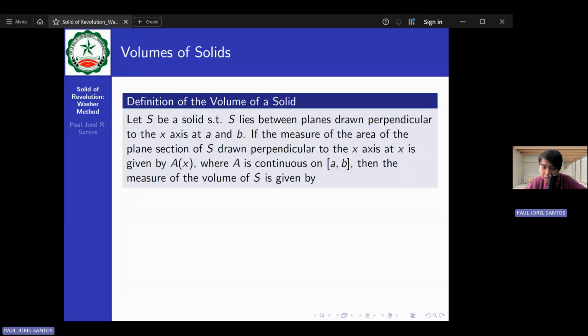If the measure of the area of the plane region of S drawn perpendicular to the x-axis at x is given by A of x, and we should take note that A should be continuous on the closed interval a to b, then the measure of the volume of S is given by the limit of the summation of A of w sub i multiplied by delta sub i x, from i equals 1 up to n, as delta sub i x approaches 0.